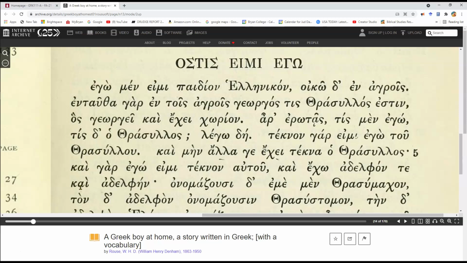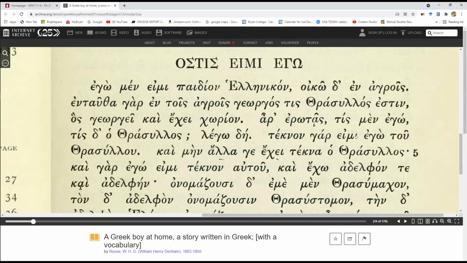Helen, that's one lambda. I am a paidion Hellenikon. I am a blank Hellenikon.